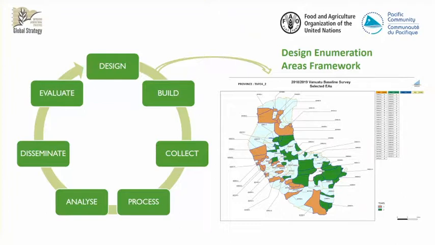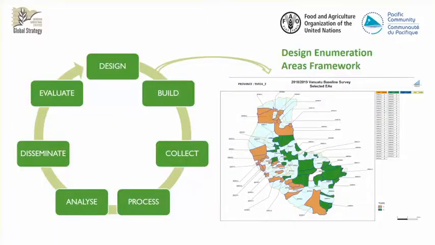We need to put all these selected EAs for the survey on a map, to better understand and plan the field work. Then we can say the orange team is going to start here in the north and move following this sequence, then maybe they're taking a flight or a boat.